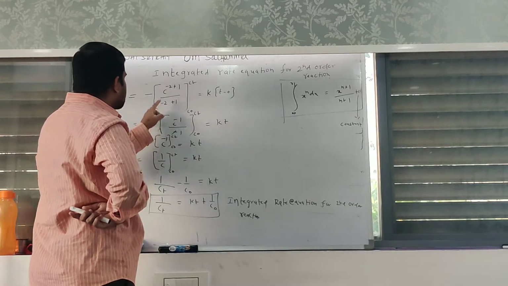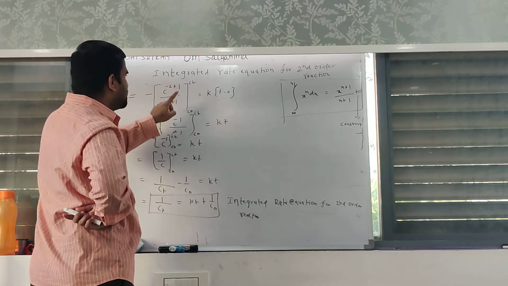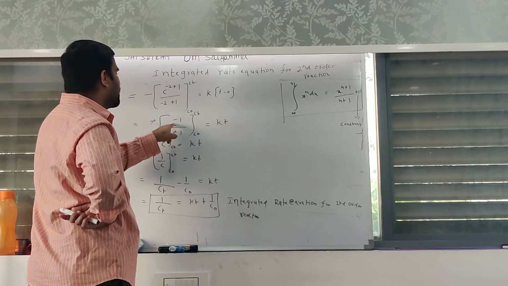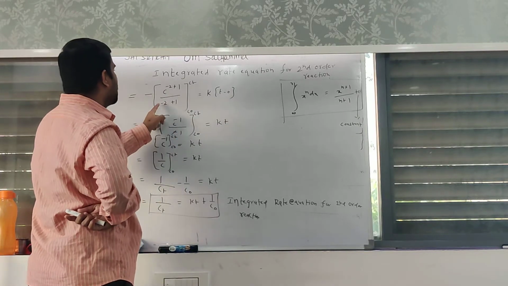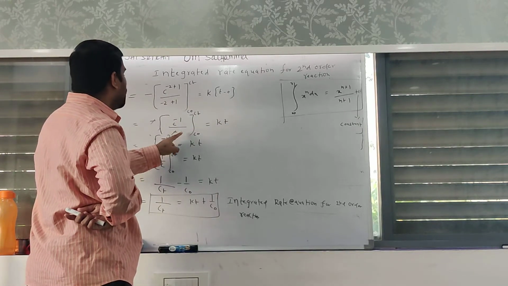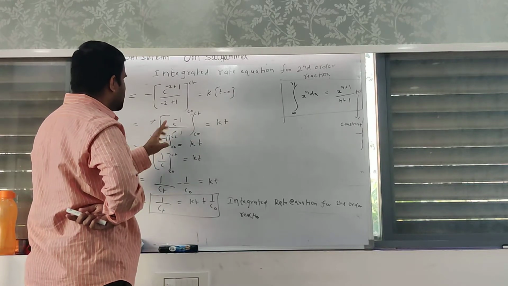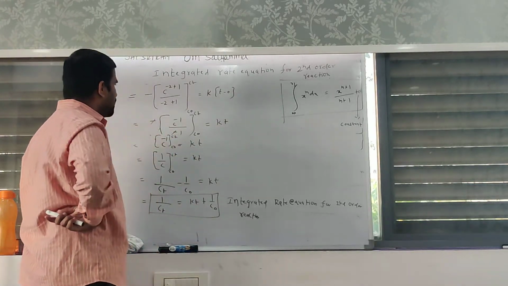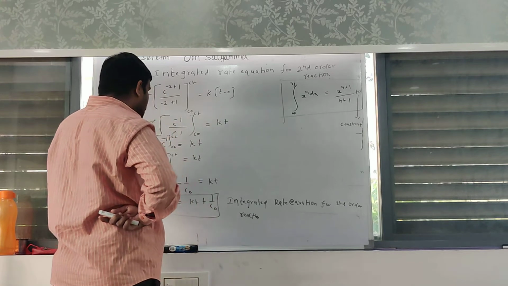Here c power minus 2 plus 1 is equal to minus 1, so you can write this as c power minus 1. Minus 2 plus 1 equals minus 1, so the negative signs cancel out.